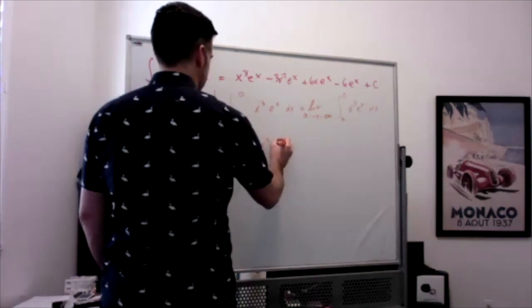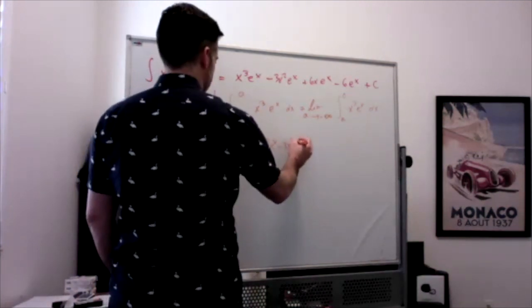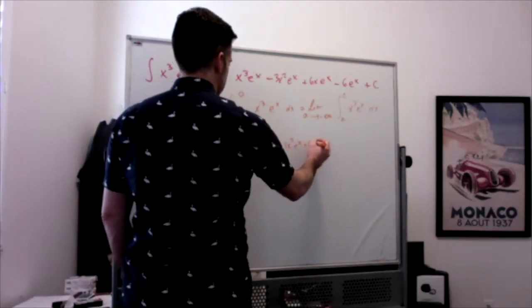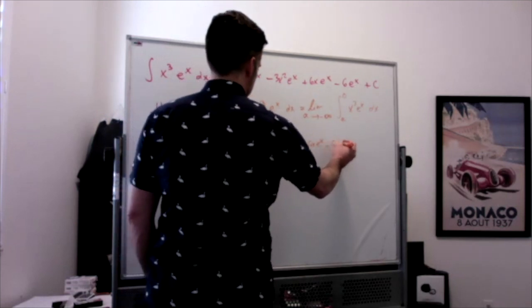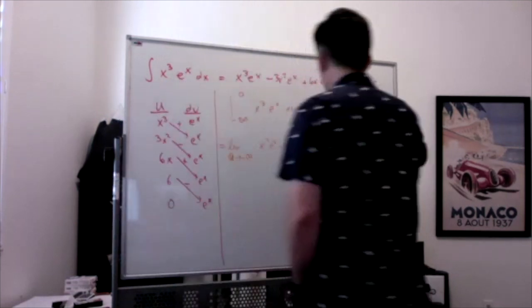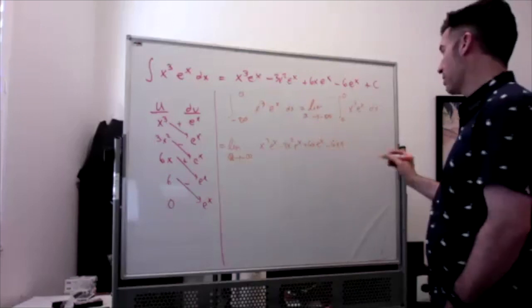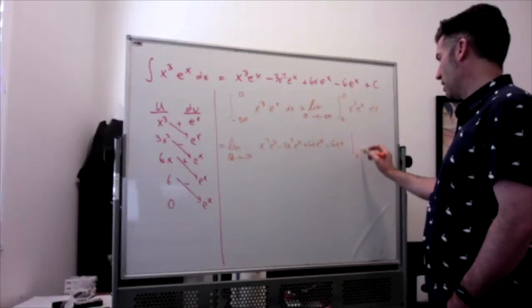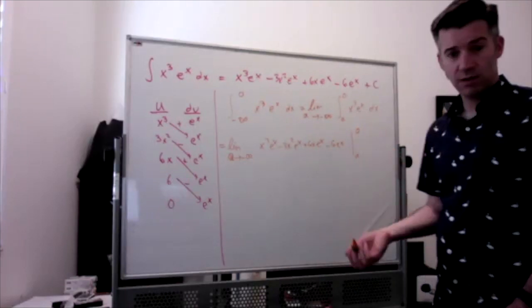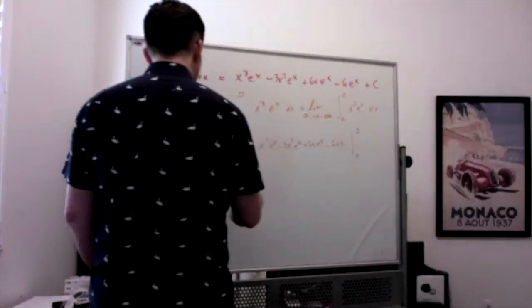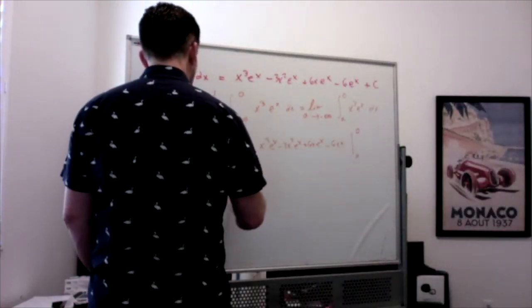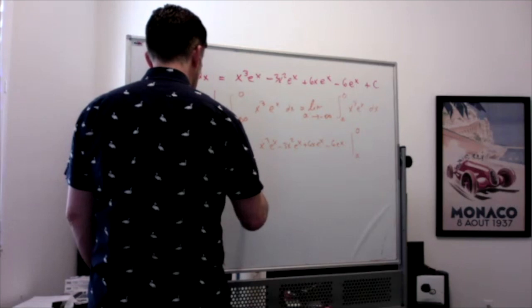x cubed e to the x minus 3x squared e to the x plus 6x e to the x minus 6 e to the x. We don't need the plus c because it's a definite integral from a to 0. So then we plug in. We get the limit as a goes to minus infinity.